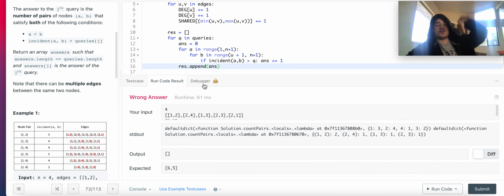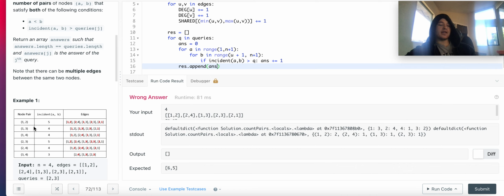So what this is basically saying is you take a query and then you check every possible incident and see if the query value is less than that value. And if it is, then you know that you have a valid solution.